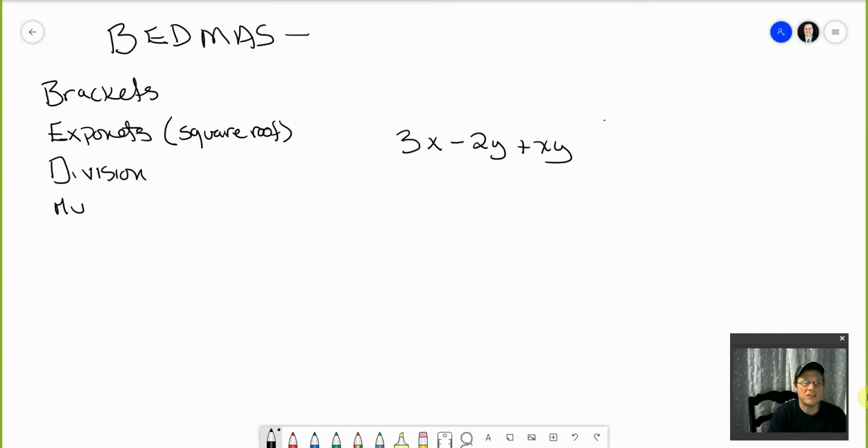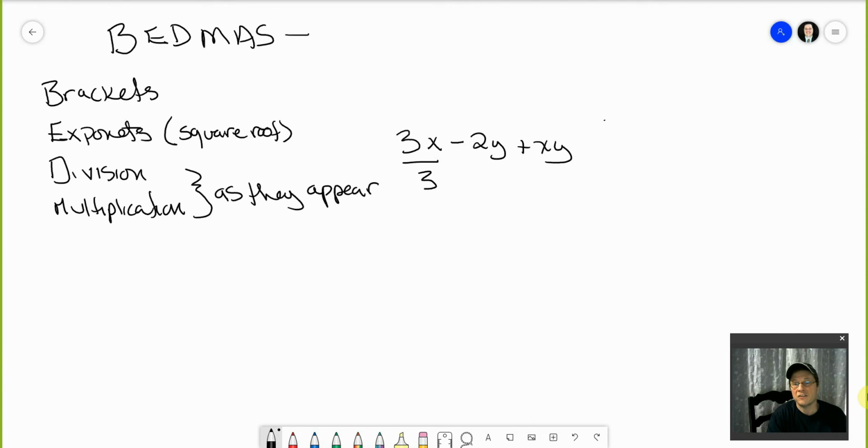and multiplication as they appear. In other words, if this was divided by 3, we would do division and multiplication as they appear. I don't have to do all of the multiplication and then all of the division.